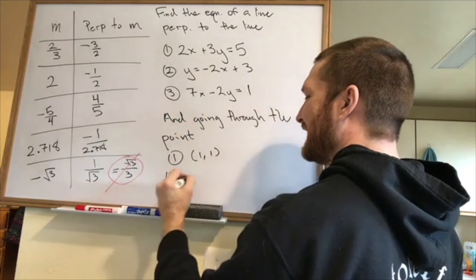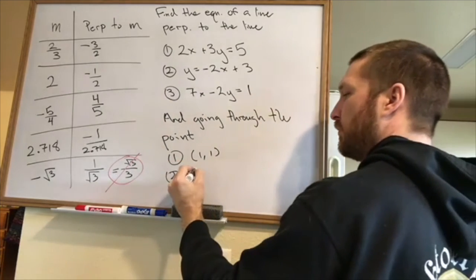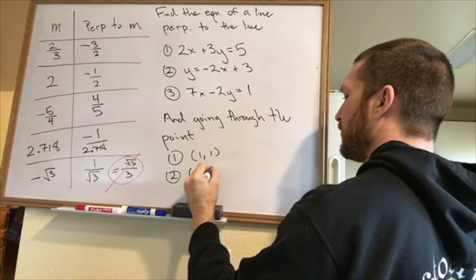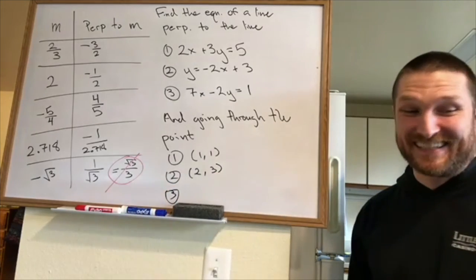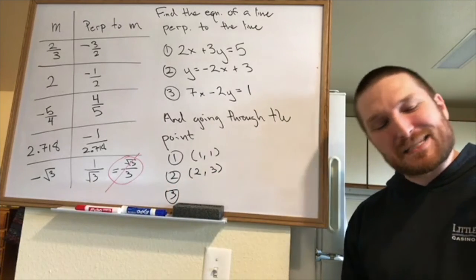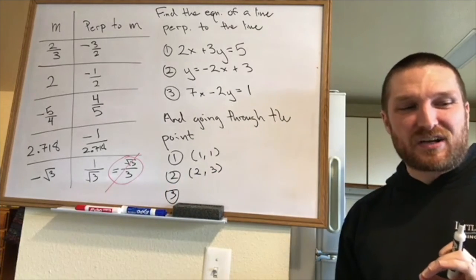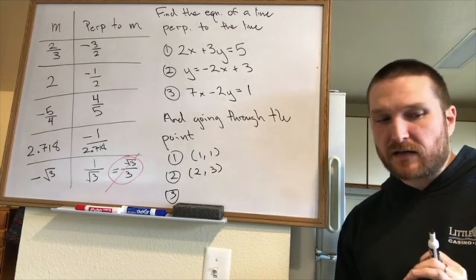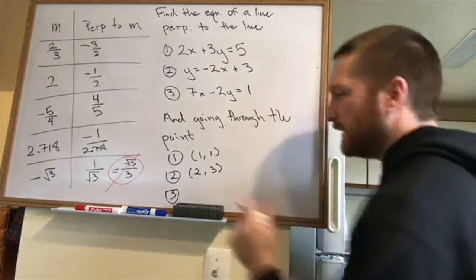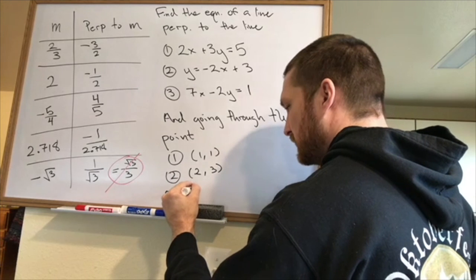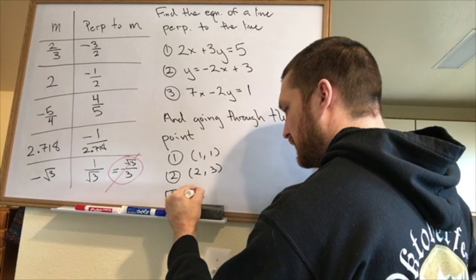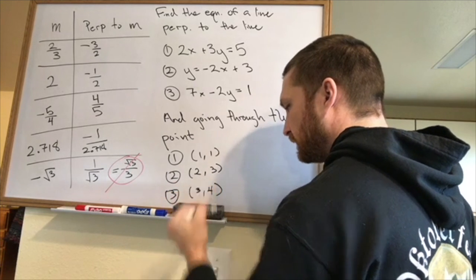In the second case, we're going to go through the point 2, 3. In the last case, because I'm just pulling this right out of the top of my brain, you can expect these to be ugly, but they're going to be fractions, and you could deal with fractions. That's fine. So how about 3, 4?